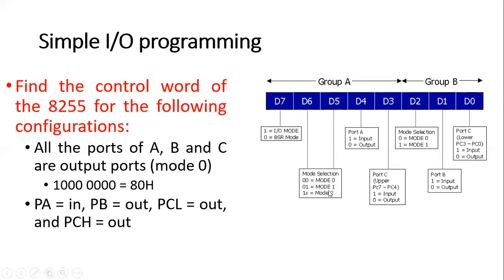Then what is the control word that we have to give? Very good. It is 1, 0, 0, 1, 0, 0, 0, 0, which is nothing but 90H. So like this, first we have to find the control word of 8255 for any given configuration.